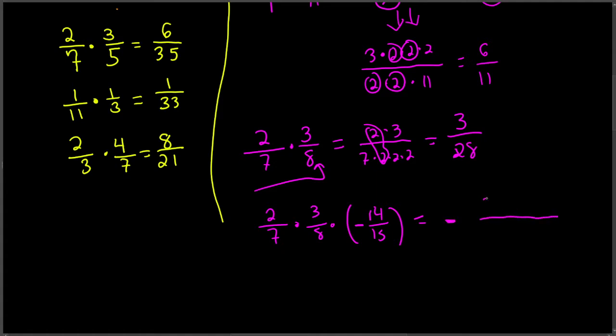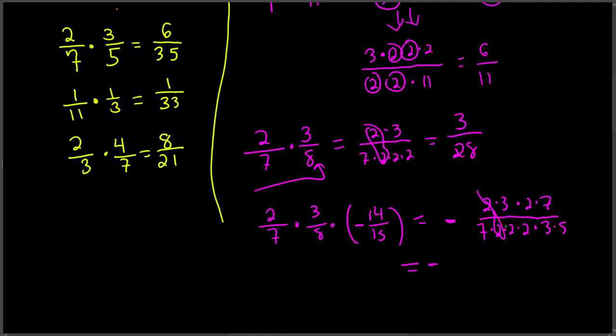And now I'll write all the prime factors. 2 times 3 times 2 times 7. That's the prime factors of this, this, and this, multiplying across the top. And I'll now do the prime factors on the bottom. So I have 7 times 2 times 2 times 2 for 8, and 3 times 5 for 15. I still have my negative out front.